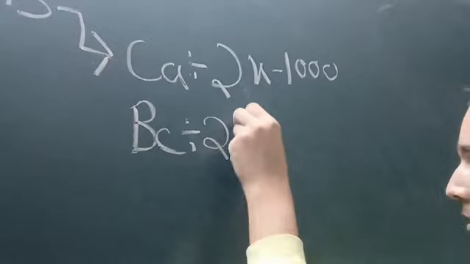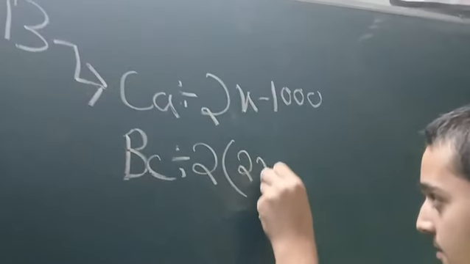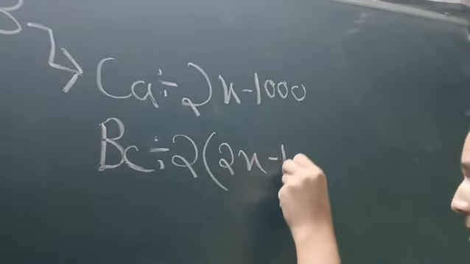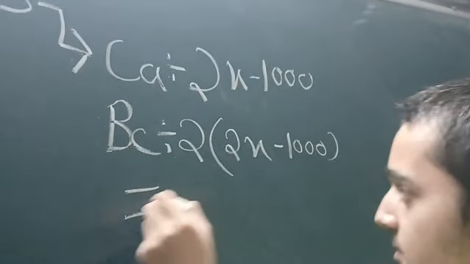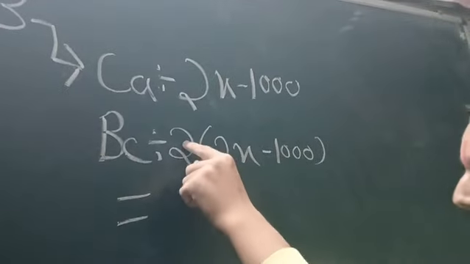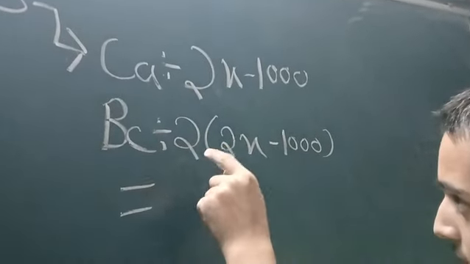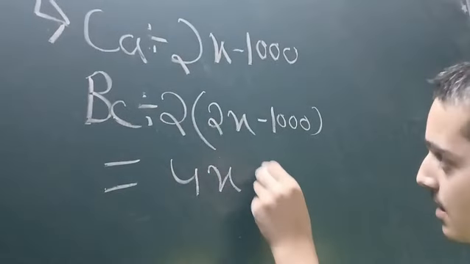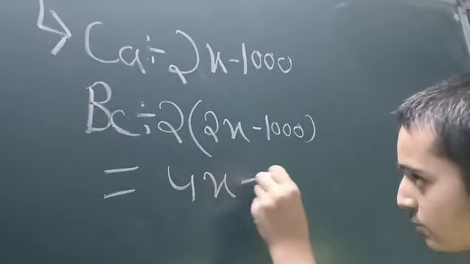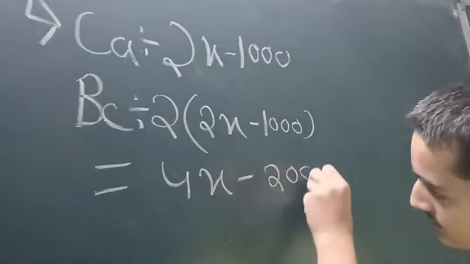So it will be double of 2x minus 1000. Now let us solve this expression. 2 into 2x is equal to 4x, and 2 into minus 1000 is equal to minus 2000.